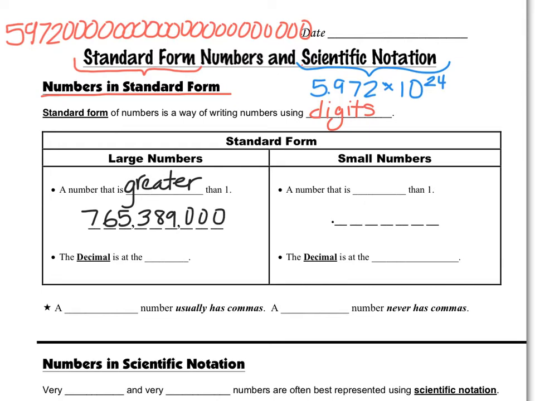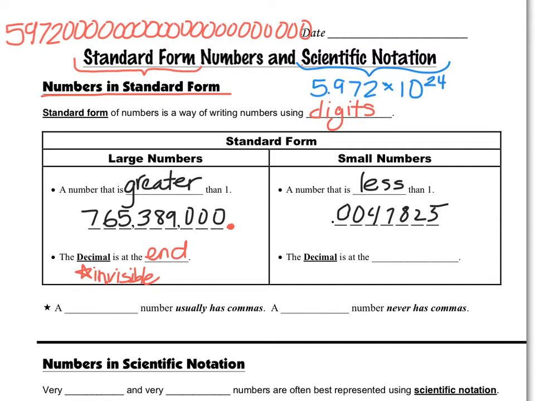The decimal point, remember, is at the end. And here's our decimal point. And it is invisible. We don't see it, but we know that the decimal point is there. Small numbers, on the other hand, by definition, we're going to define those as less than 1. A small number, for example, would be 0.004785.